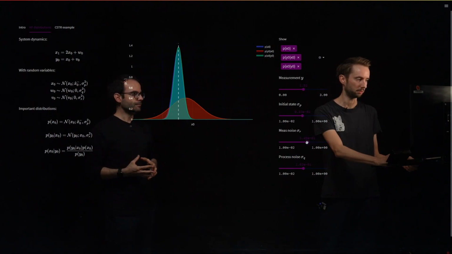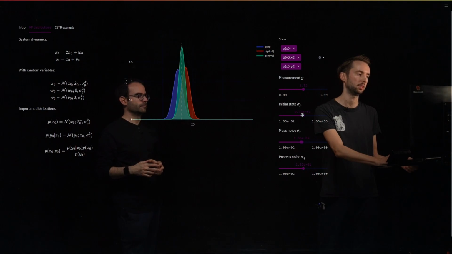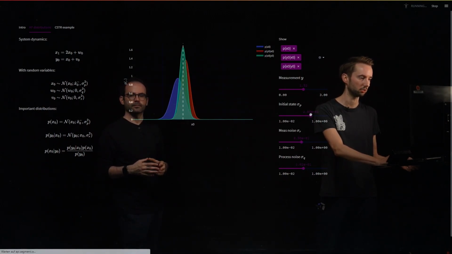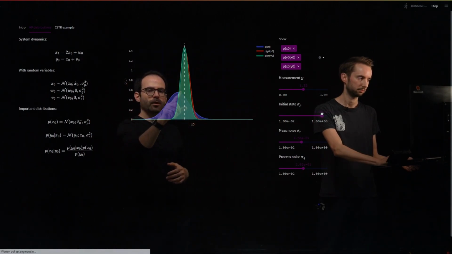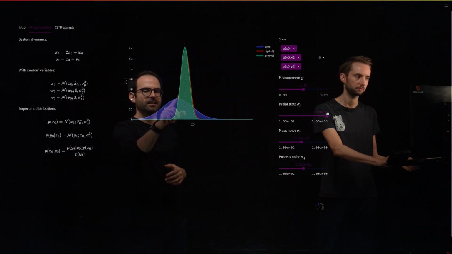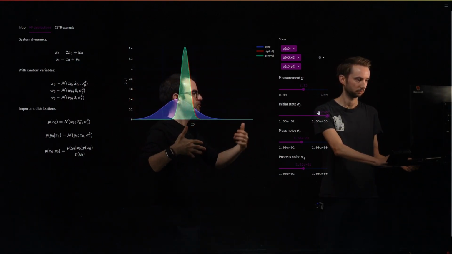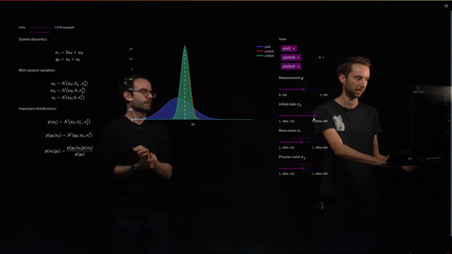Right. Okay. And obviously the same holds for the opposite scenario where we have a trustworthy measurement, but now I'm increasing the variance of the initial state estimate. Again, if you are not so confident about your initial state estimate, then your posterior is going to trust your measurements more and more because you have very accurate measurements. Right. So all of this intuitively makes sense.